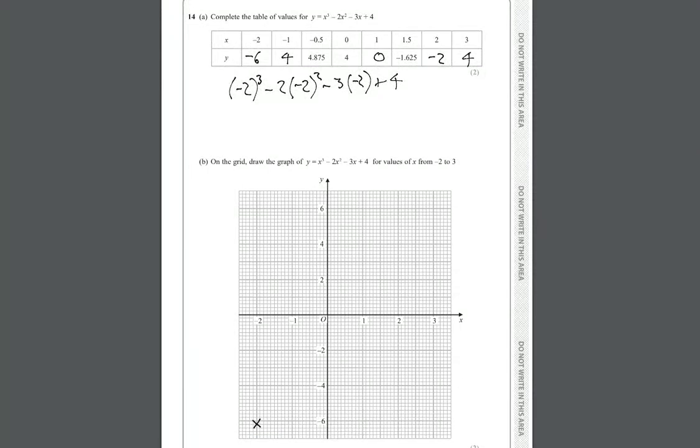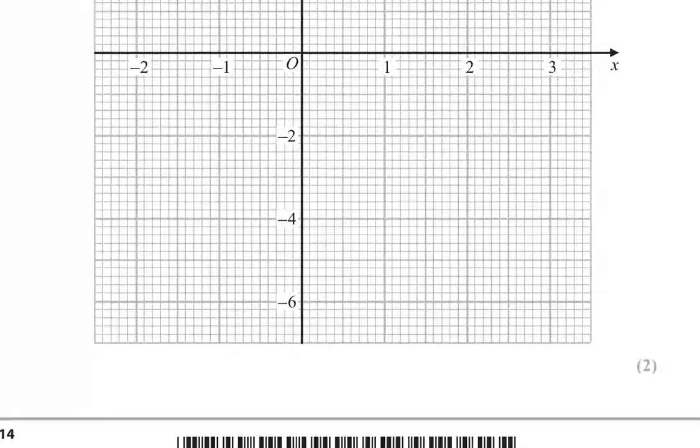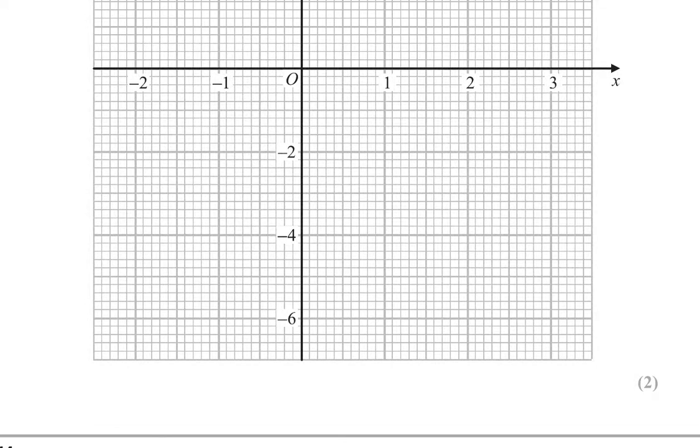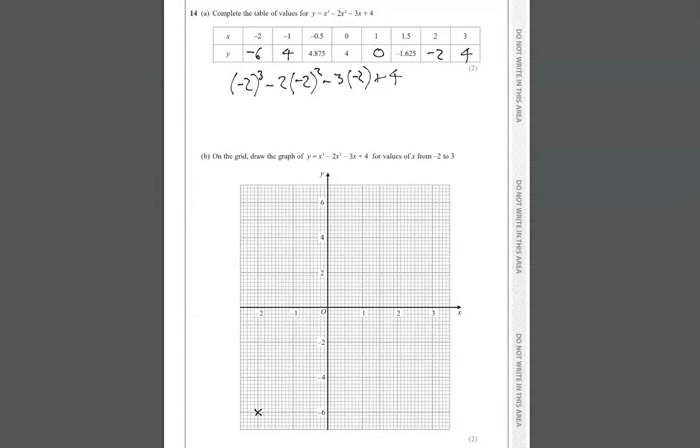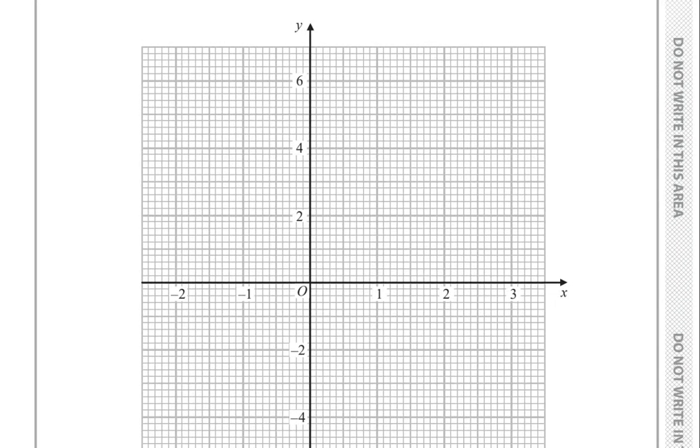Oh, not quite exact. So -2, -6. Let's get that really accurate. There we go. And then the next one, -1, 4. So that's -1 along, 4 up.